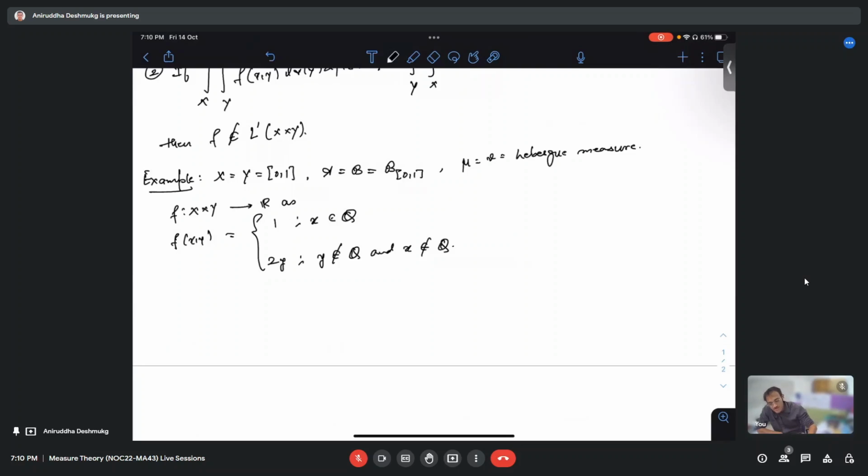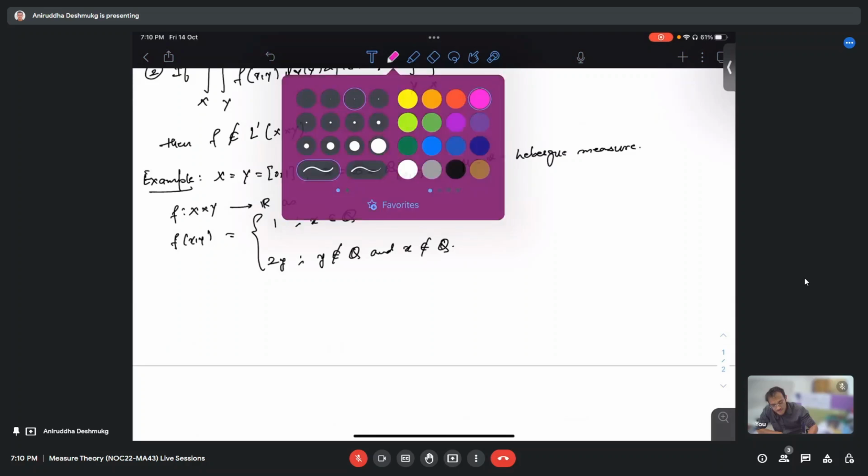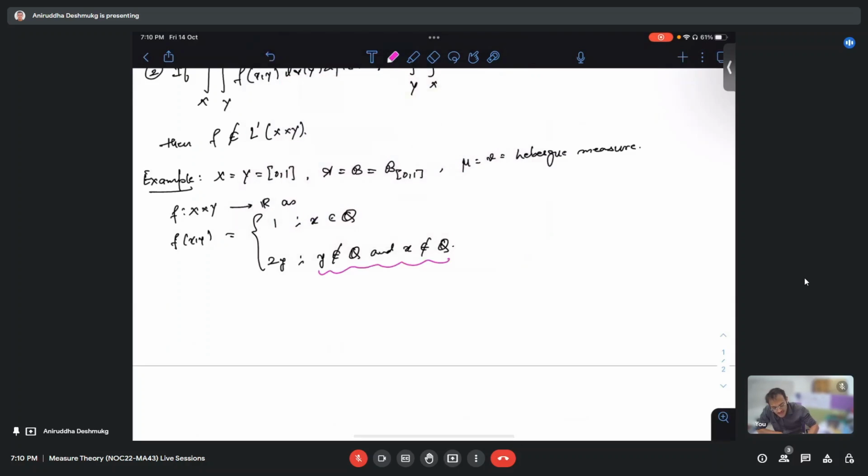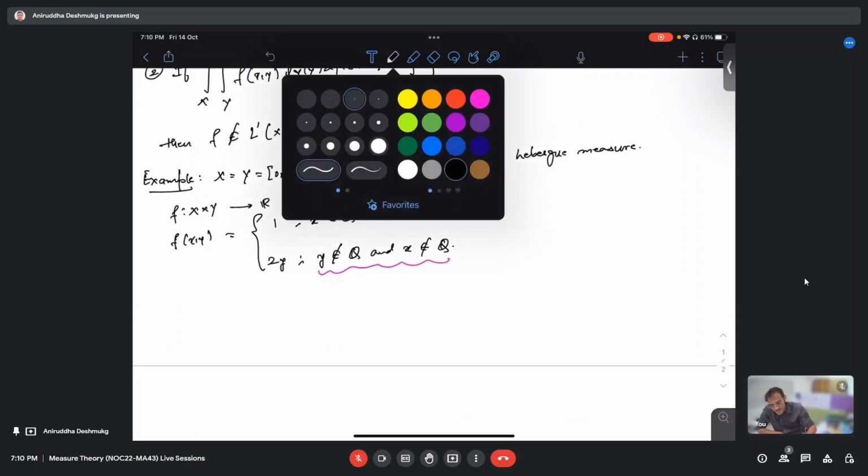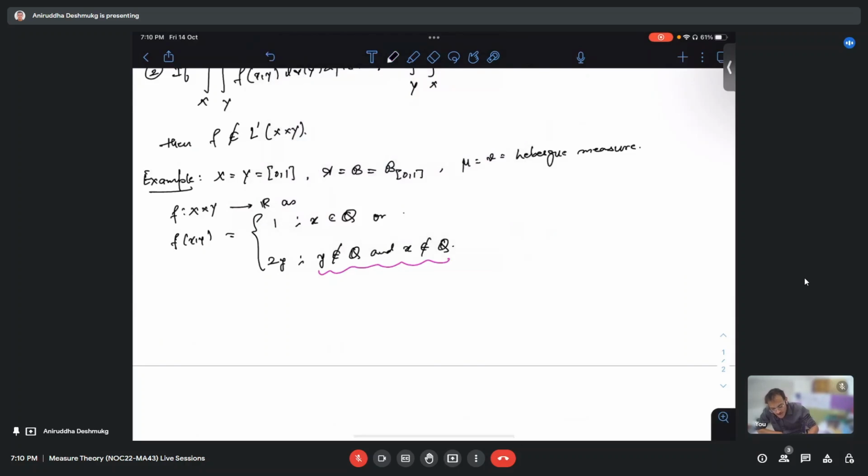In that case it has to be 1, because the second condition is satisfied only when both things hold. If x is a rational number, then this is not satisfied. Similarly, if y is a rational number, then this is not satisfied. So perhaps I should write "or y is a rational number." In any of these cases it is 1, otherwise it is 2y.